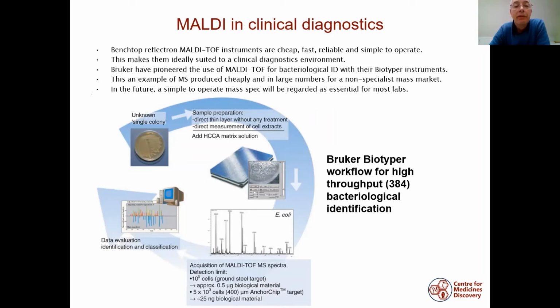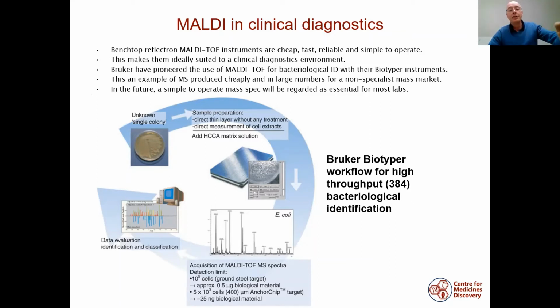They've found a mass spectrometer that can be produced cheaply, in large numbers, and it's also easy for non-specialists to use. I think this may well be the future of mass spectrometry, where every lab just has a small, simple to operate mass spec in the corner of the lab. Everyone knows how to use it, and it's an essential lab tool.